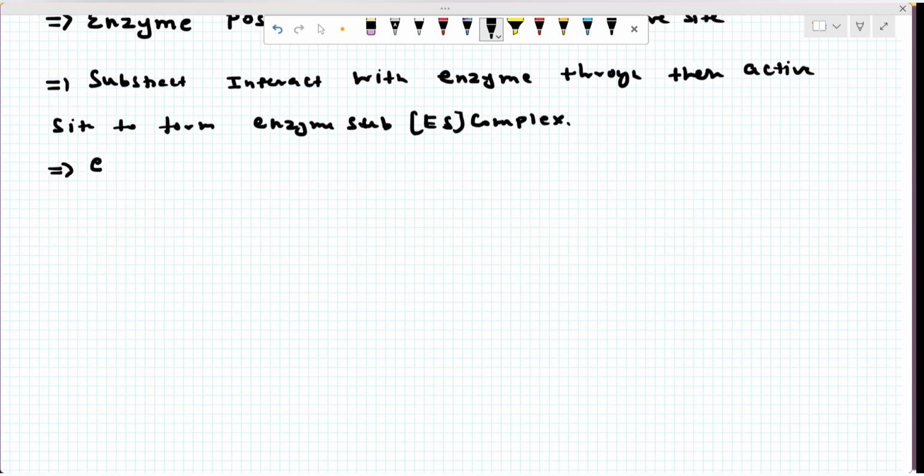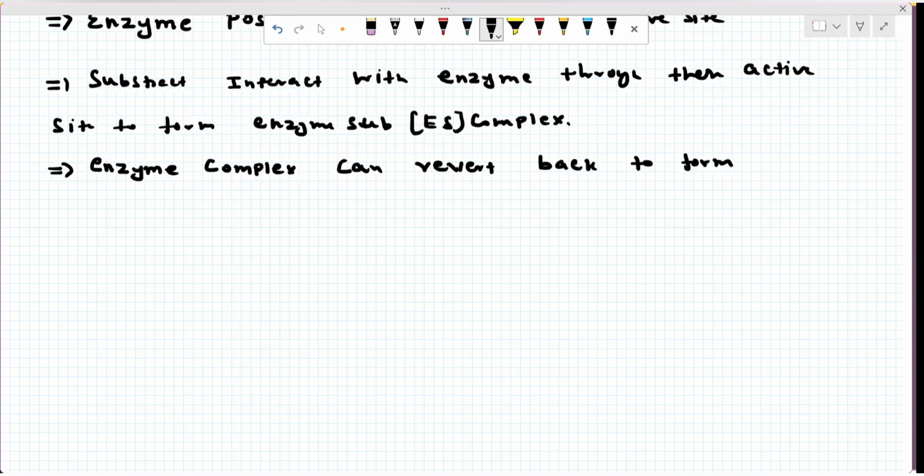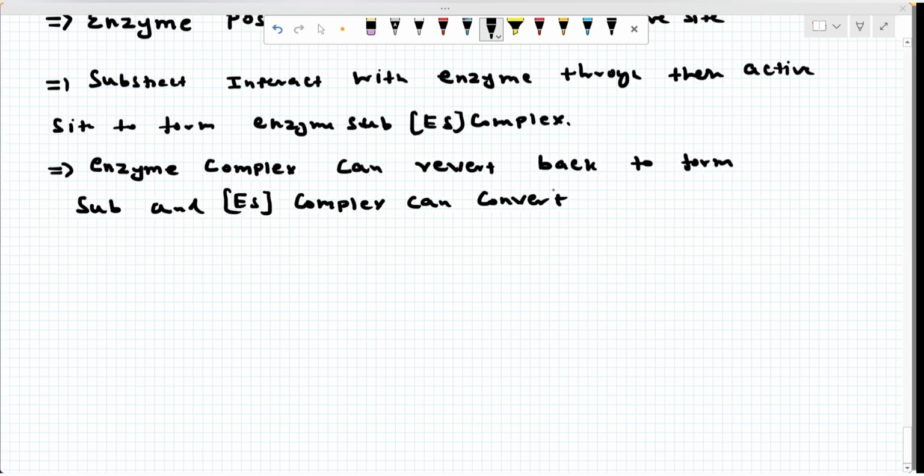The enzyme-substrate complex can revert back to form the substrate and the enzyme, and the ES complex can convert to product.